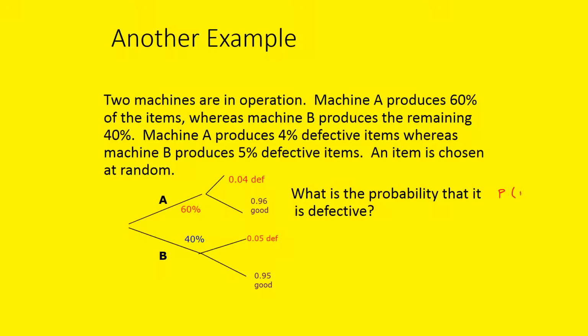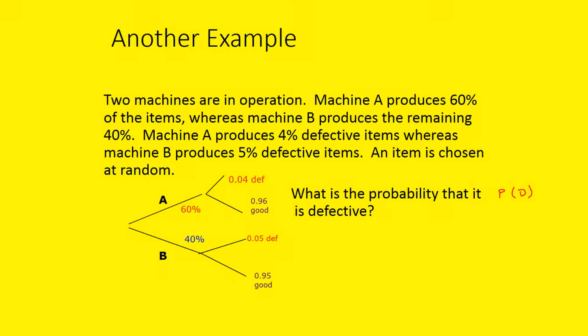Probability defective. Well, you can see from the tree and just from reading that there are two ways that we can have a so-called successful event of being defective given this situation.